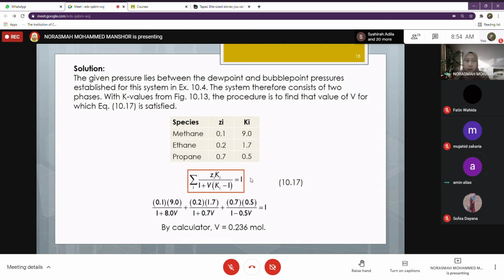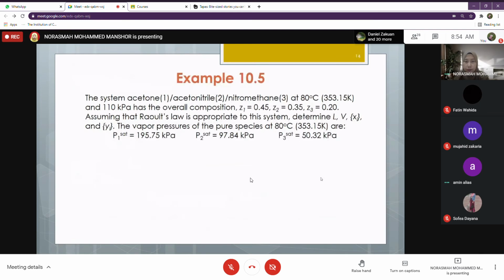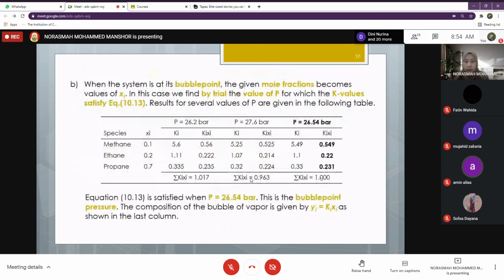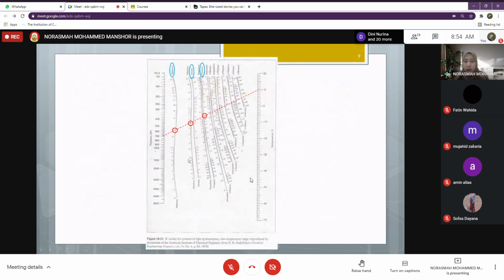Madam, boleh tak kalau Madam tunjuk cara baca dekat tu figure 10.13? Saya macam tak boleh baca je. Okay, from this figure, you take pressure tadi 1380 kan?